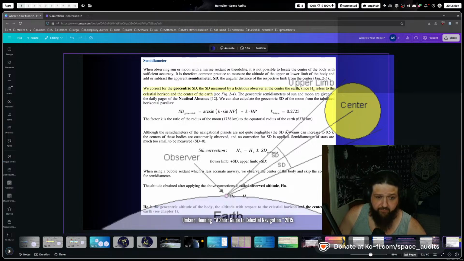But the primary feature here, the parallax and semi-diameter corrections, which aren't relevant to what we're talking about now specifically, because these are only applied to the moon and sun.